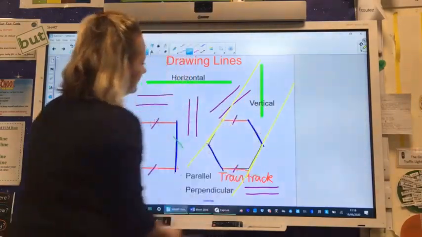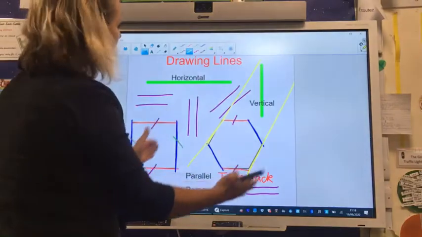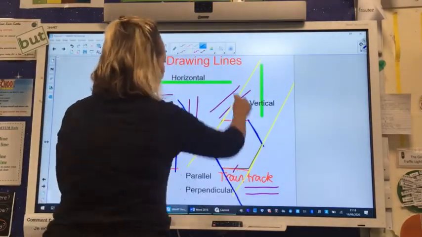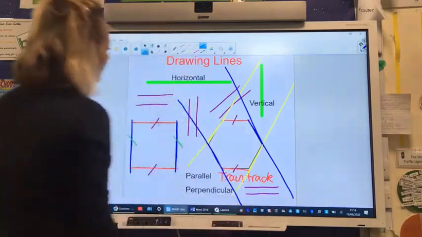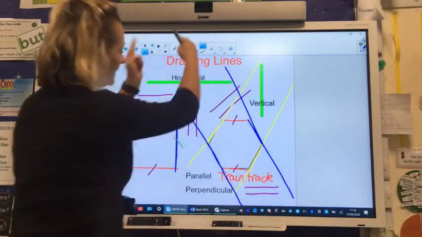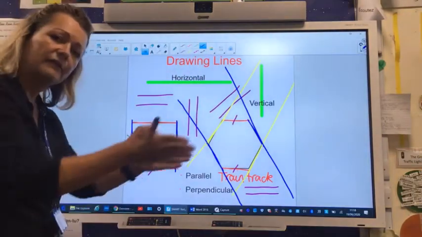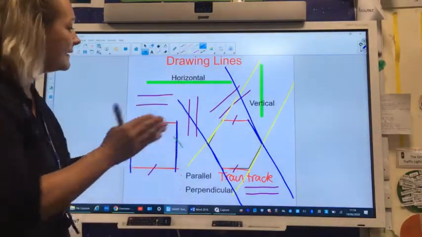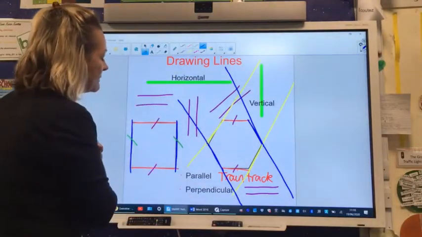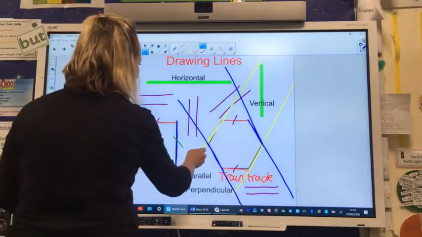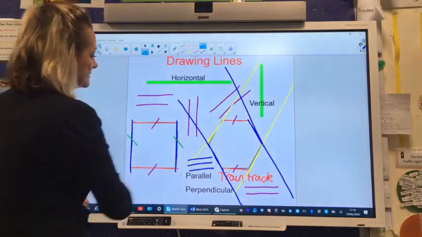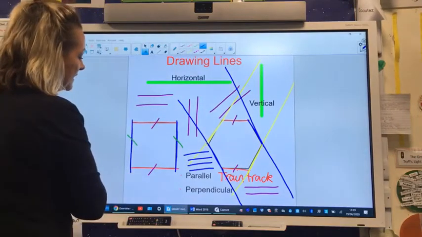They keep going in the same direction, but they will never cross over or meet. The same with my blue lines. Forgive me for not doing my lines completely straight, but hopefully you can see that they are parallel because the lines will not ever cross over each other. They are following the same direction but apart. Remember, we could have more than 2 parallel lines. I could have 3 parallel lines or 4 parallel lines.